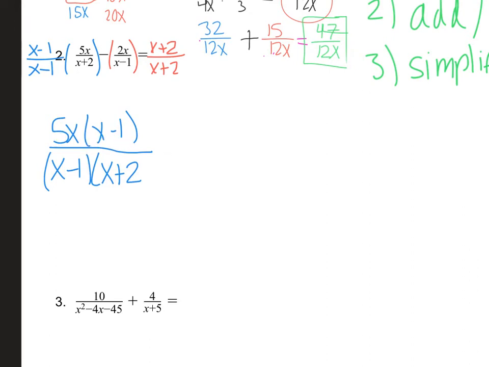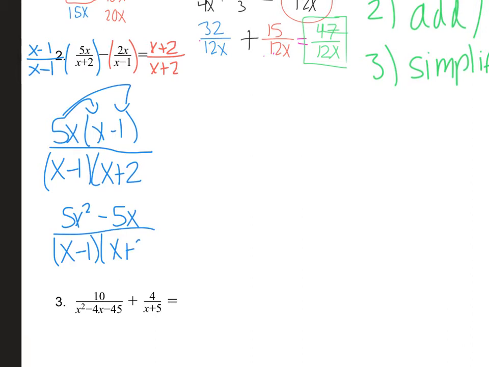So what I'm really going to have, written underneath, is 5x squared minus 5x, all over x minus 1 over x plus 2. I'm not going to distribute the denominator because it's in its simplest form, which is what I want. But the numerator I've got to simplify down to each term so that when I subtract later, I'm able to do so.